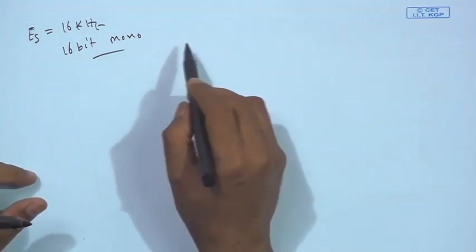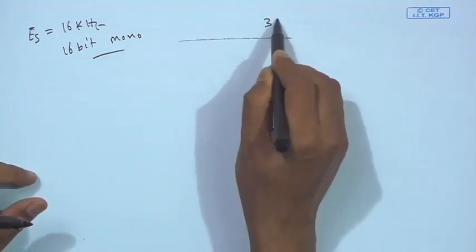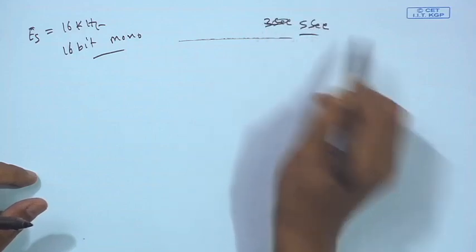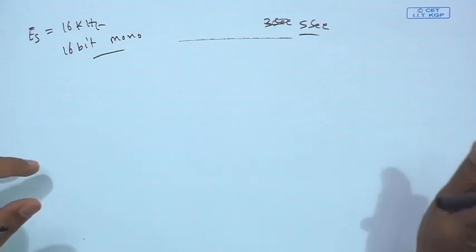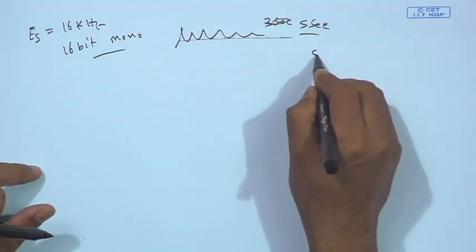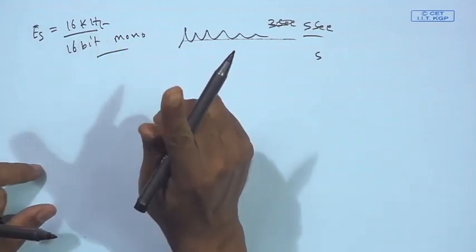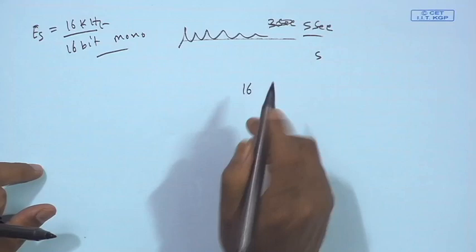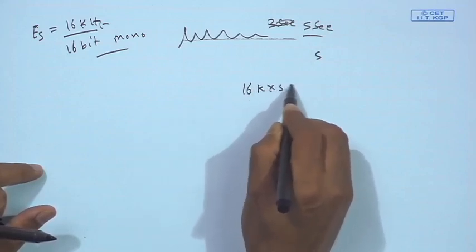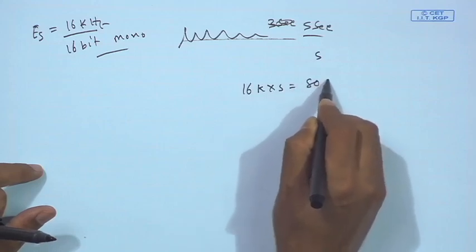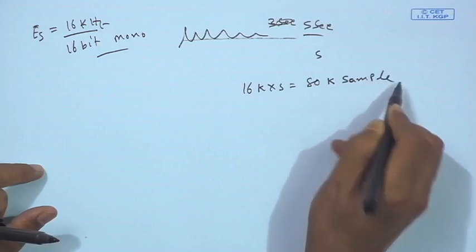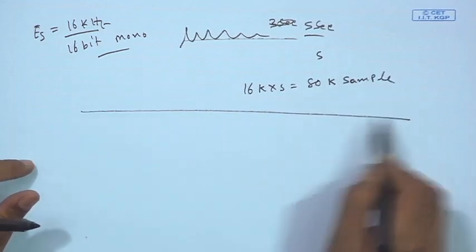Let your name consist of a 5-second speech signal. That means 16 kilohertz, 16k samples per second. So, I get 16k into 5, 80k samples. Okay. So, I have 80k samples this side.